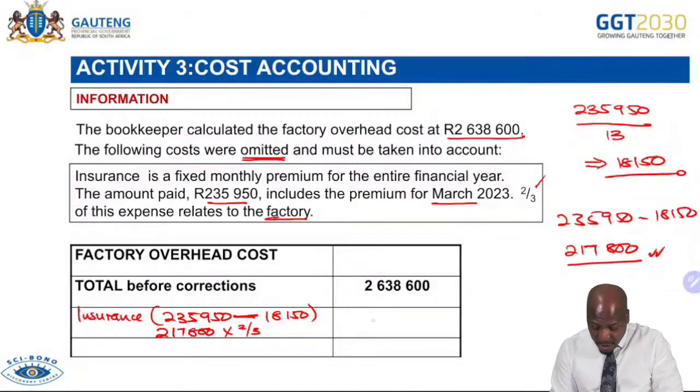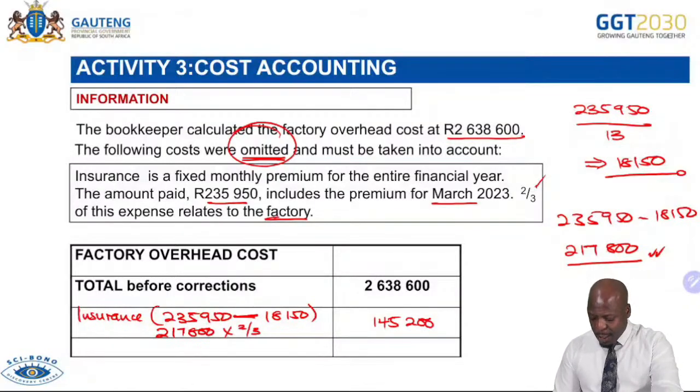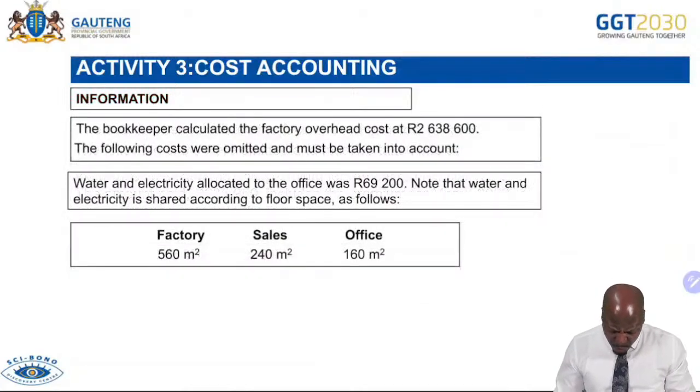You get 145,200. This is what we are going to add. Remember, in the factory overhead, we are adding, especially if the amount was omitted. All right. So this is the insurance. Let's see if we can do the next one. There were several ways of doing this adjustment, but remember, I'm trying to do it in the slowest and the easiest way possible.